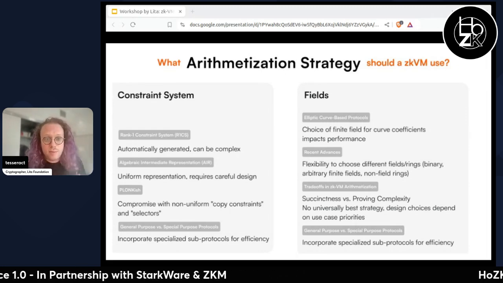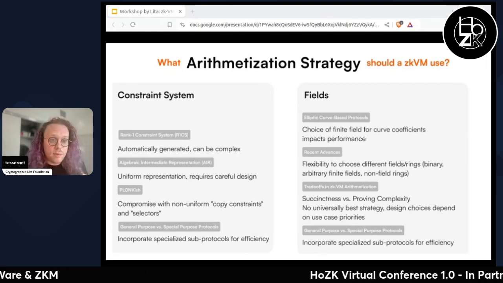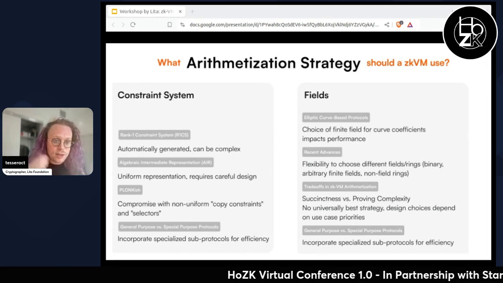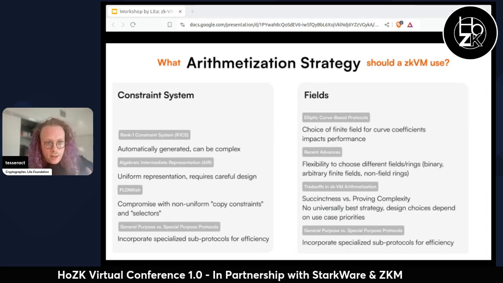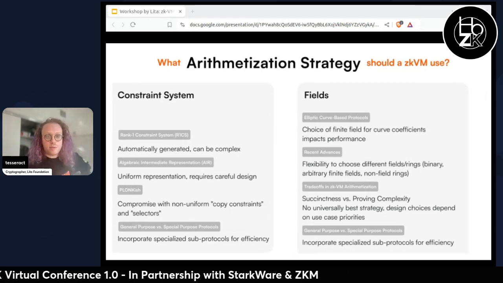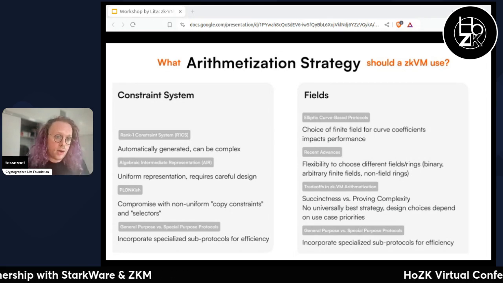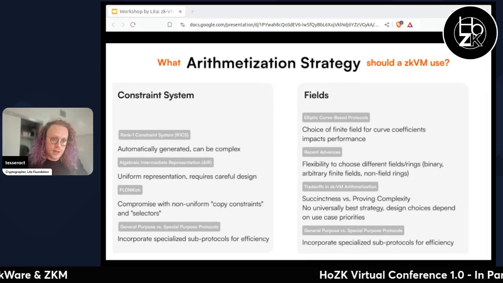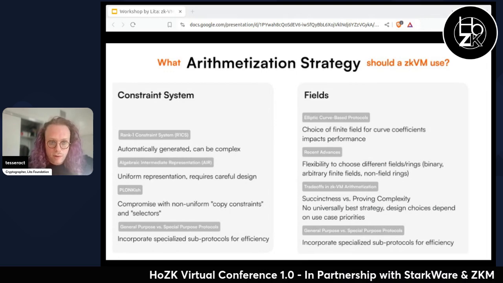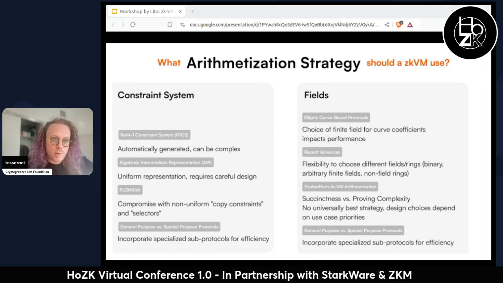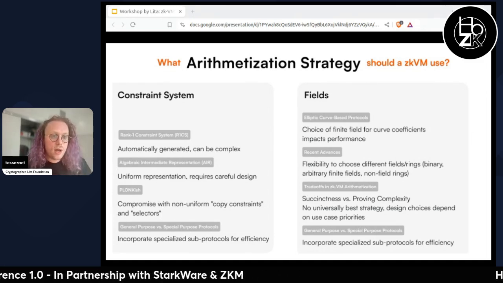Why this system works well is that a zkVM circuit is executing the same thing over and over again, and the computation in each step is relatively small compared to the whole thing. So AIR, the constraint system, says that for every row and every subsequent row of your trace, a particular equation holds that relates the values on the two rows.